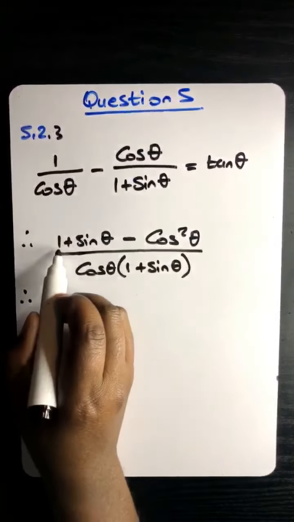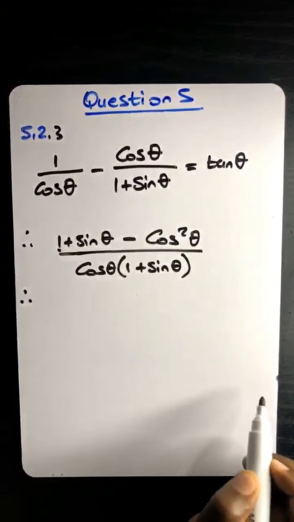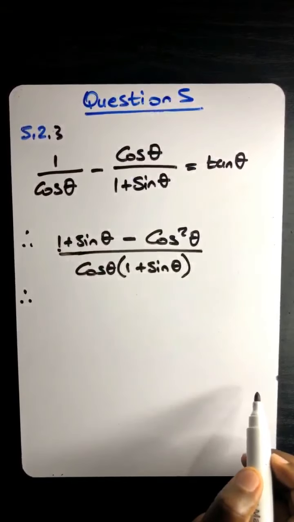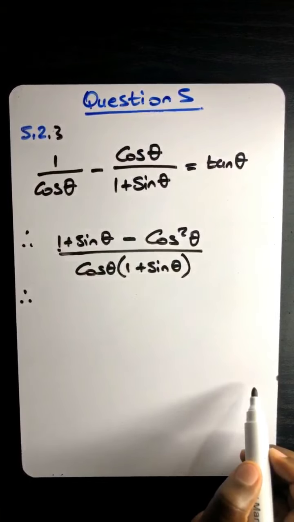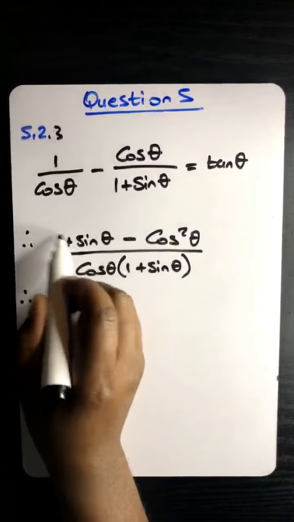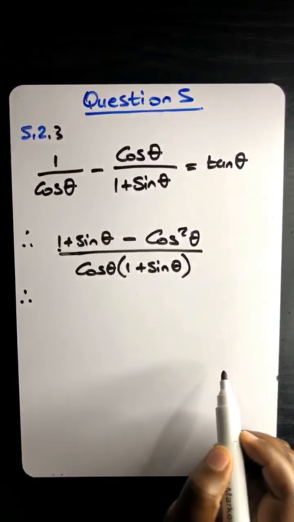So can you see there you have 1. Normally where I see 1, I can just replace it with sine squared plus cos squared, because I know 1 is the same as that.